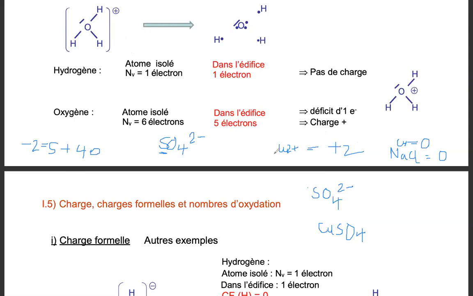You wouldn't say that the copper here is always going to have a 2, no? The copper can have 1, it can have 3, depending on the oxidation state that is being taken into consideration.